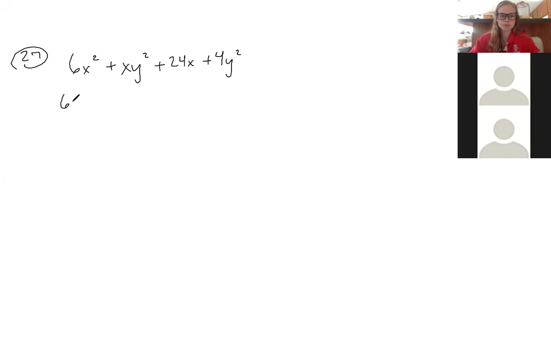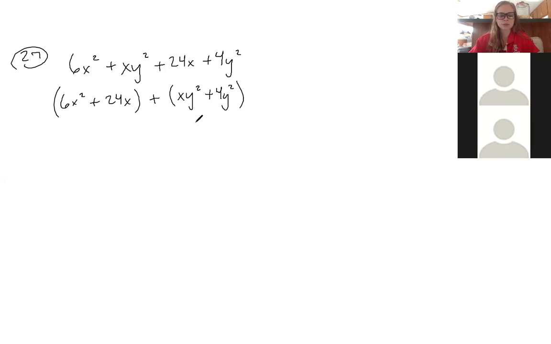6x squared and 24x. Sure. All right, so those two are grouped together. What else? Xy squared and 4y squared. Very good. Okay, what do you do next?